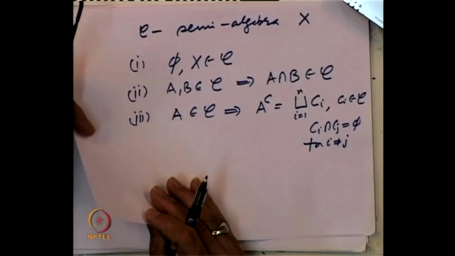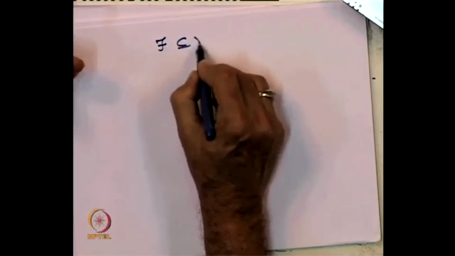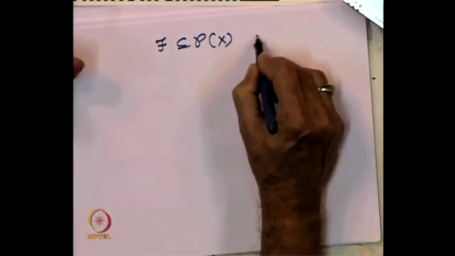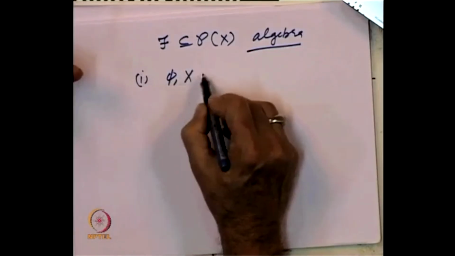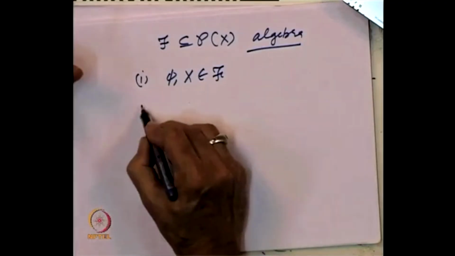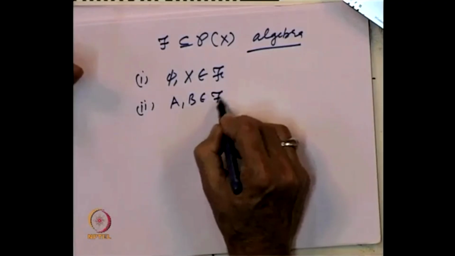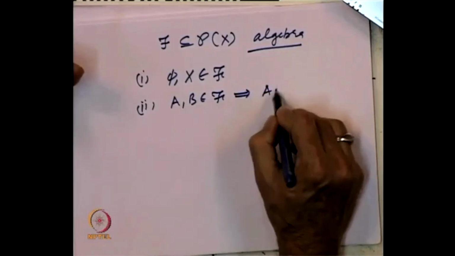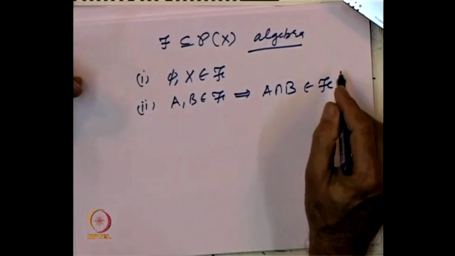Then we looked at what we called the algebra of subsets of a set X. A class F of subsets of a set X is called an algebra if it had the following properties, namely the empty set and the whole space belong to F, as in the case of semi-algebra. Secondly, A and B belonging to F imply that A intersection B also belongs to F, as was the case for the semi-algebra.